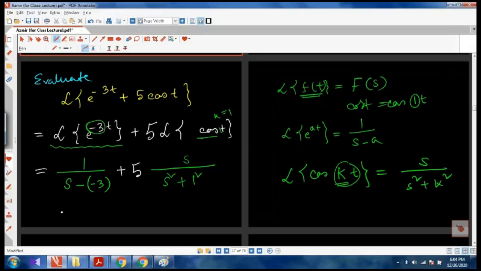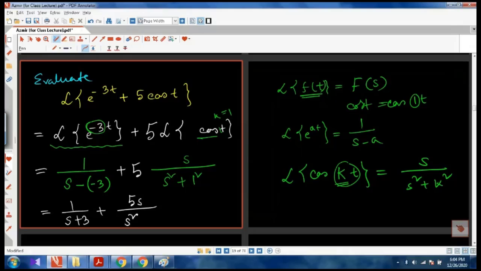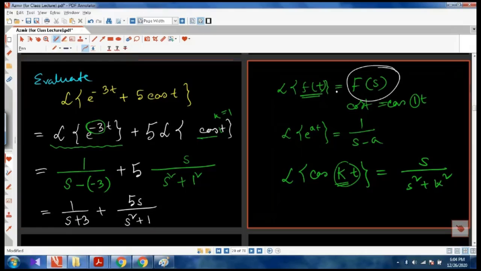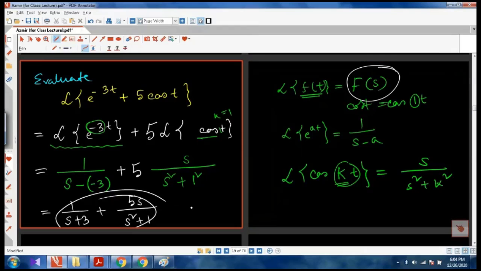But let's try to simplify. So 1 over s plus 3, plus 5 times s over s squared plus 1. And finally, we have found a function which is an algebraic function like F(s).